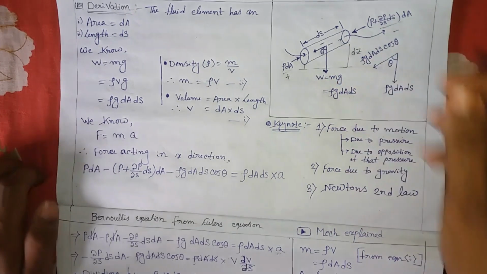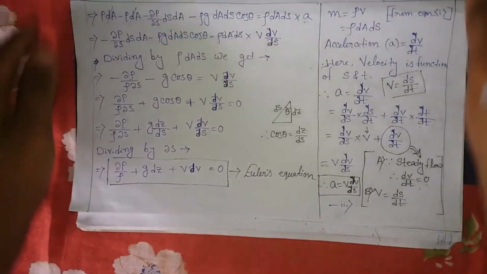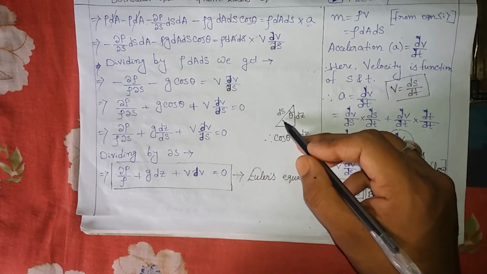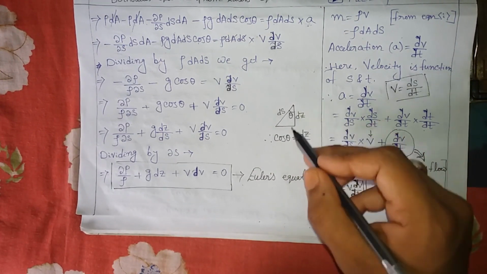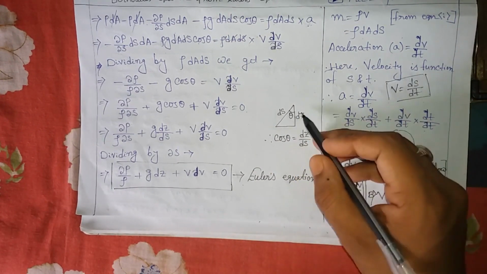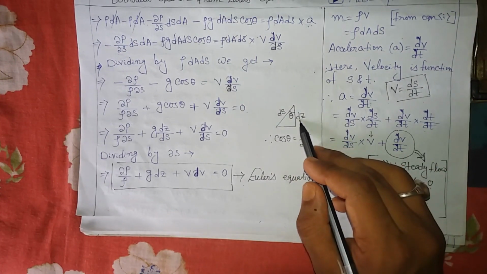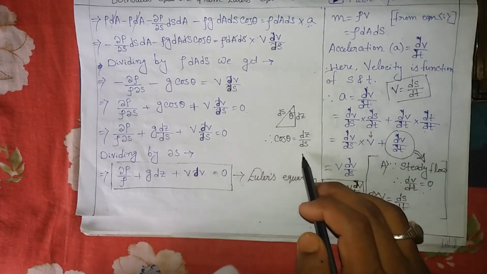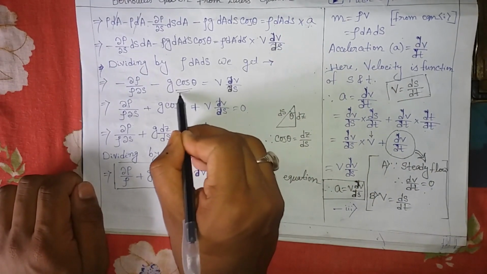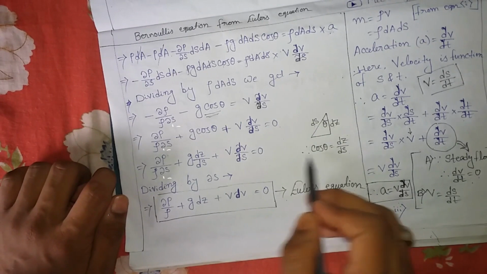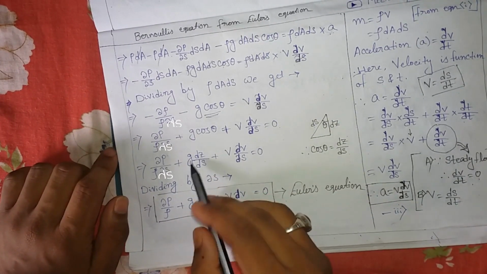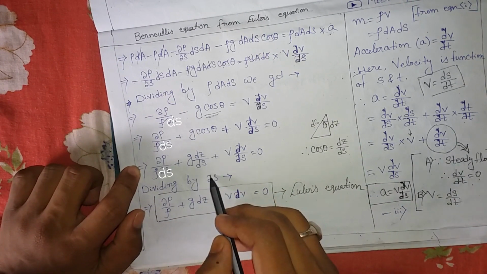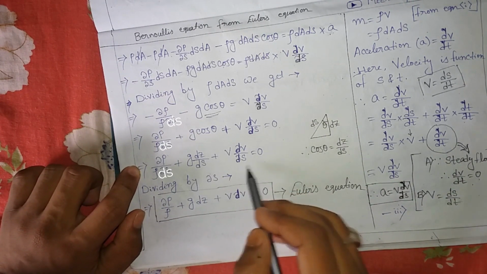This is the horizontal component, this is the hypotenuse, and this is the vertical component. So cos theta equals base by hypotenuse, that means dz by ds. We can put this value of cos theta here, and this will look like del p by rho ds plus g dz by ds plus v dv by ds equals 0.